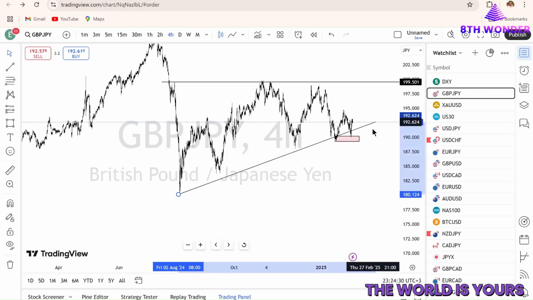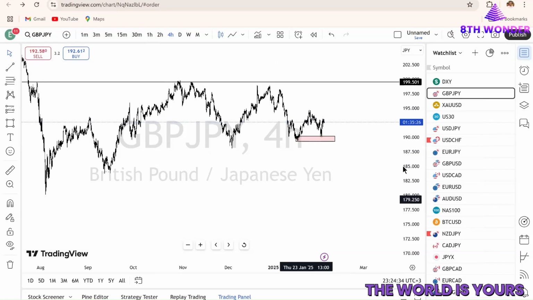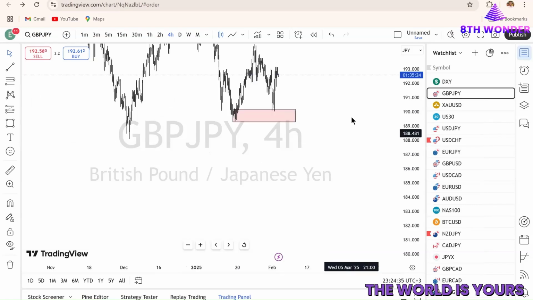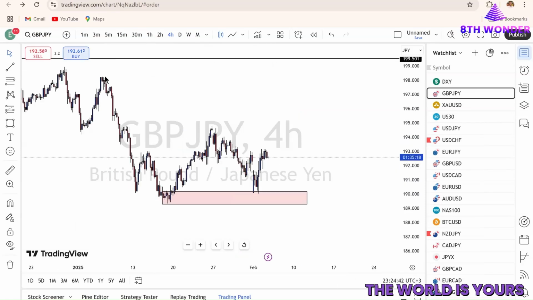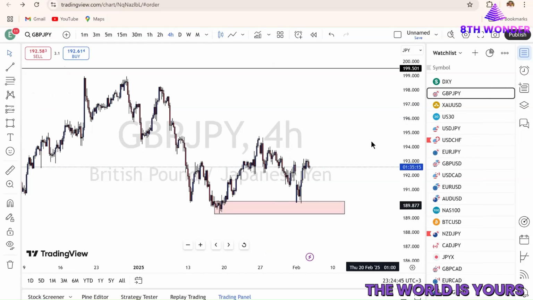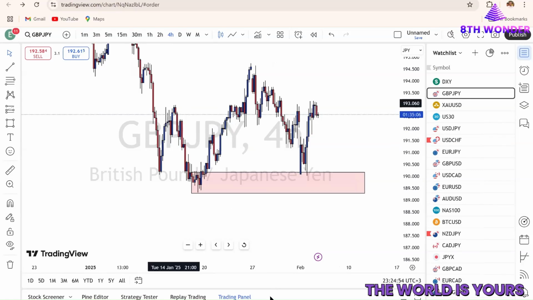So what we are looking for on an uptrend is opportunities to take buys, or a demand zone. So this is our zone. Why is this our zone? Because on a supply zone, I said we mark the last candle before the rapid sell. But on a demand zone, we mark the last candle on the sell movement before the rapid buy. And this rapid buy must also make a break of structure.